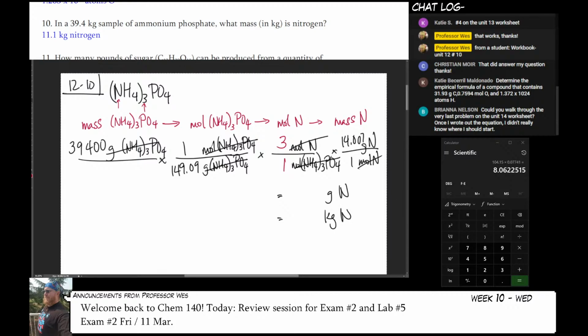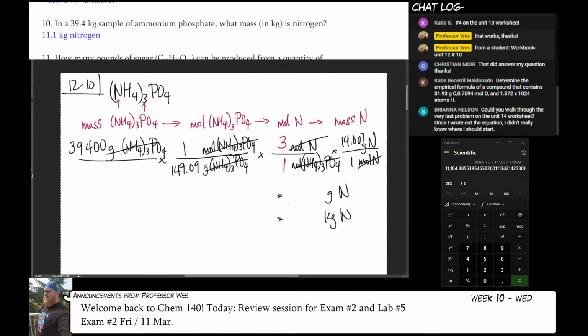So when I do this calculation, I should get the mass of nitrogen in grams. Times 3 times 14.007 divided by 149.09 times 1 times 1. 11,105.